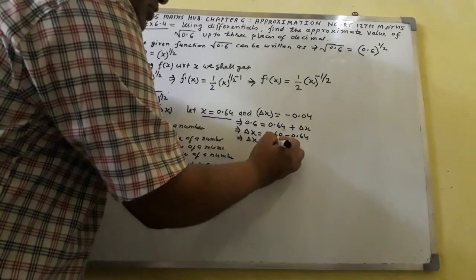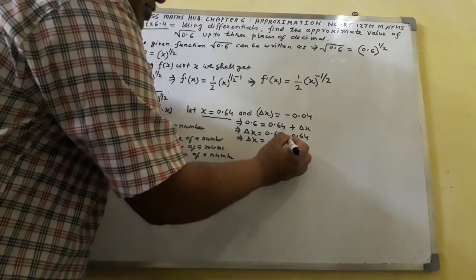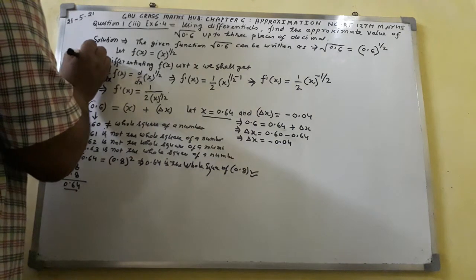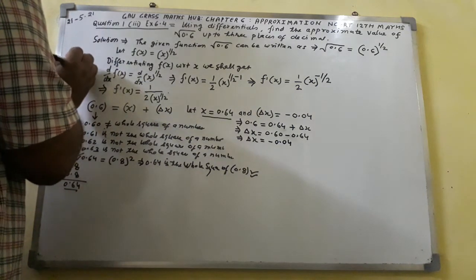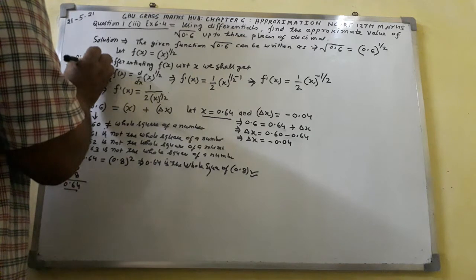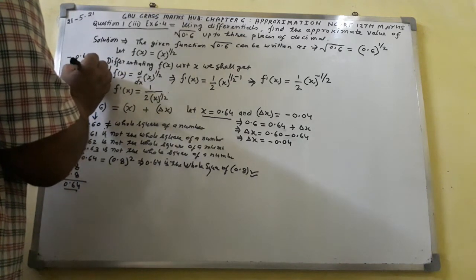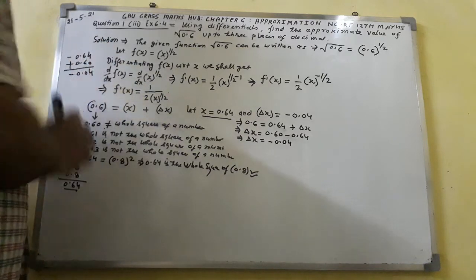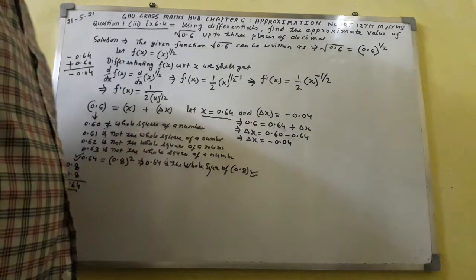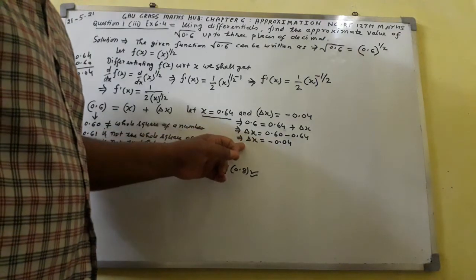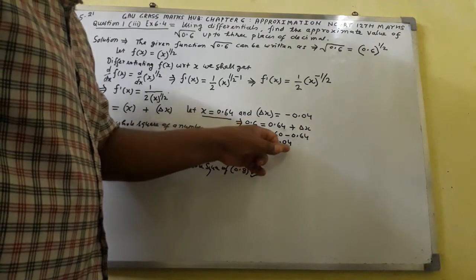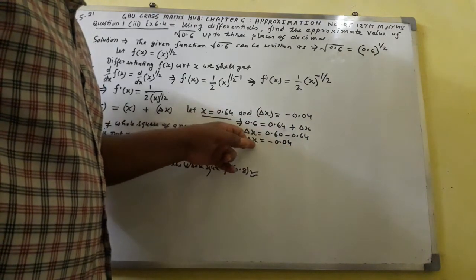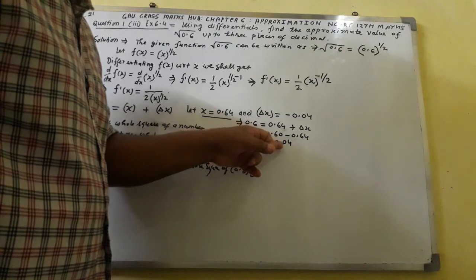Here we will get 0.04. 0.64 minus 0.60, we will get 0.04. The sign will be of the greater value, minus. So the value of delta x I shall take minus 0.04.